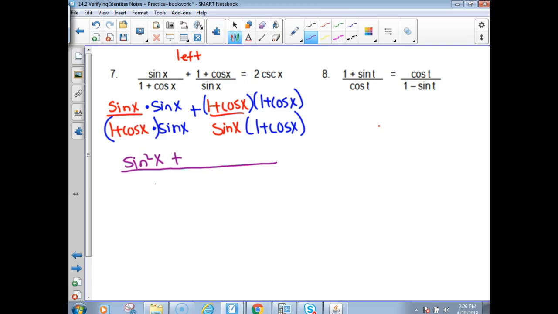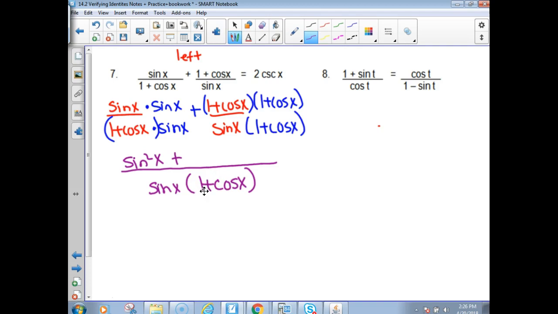I'm just going to write the denominator as the sine of x times 1 plus the cosine of x. Now, obviously, I've done this stuff before, so I kind of see ahead that I probably don't want to distribute it. Because look what I want to get. I want to get the sine alone on the bottom. You see what I'm saying? This is 1 over the sine. So that's how I knew I probably shouldn't distribute. I'm going to want to make this go away somehow.